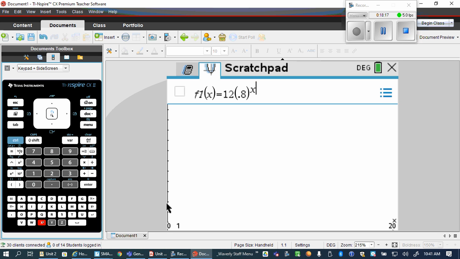Get that? Something's wrong. Oh, it's decreasing. You can put your function in, but you have to change your window.